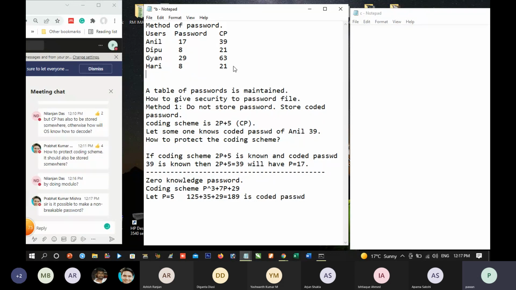Suppose Jalaj has got a password 5. So it is a zero knowledge password. What is a zero knowledge password? We shall talk about that.